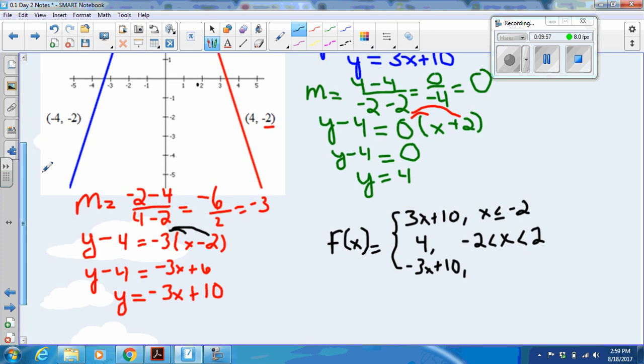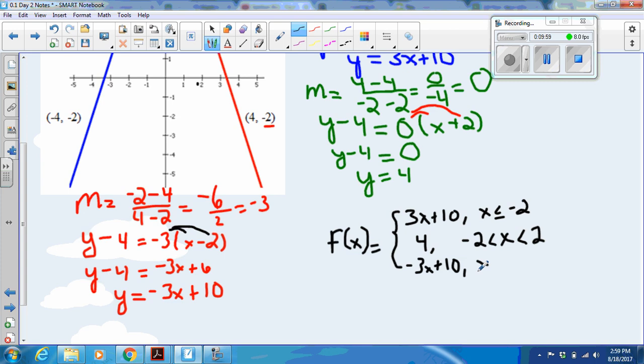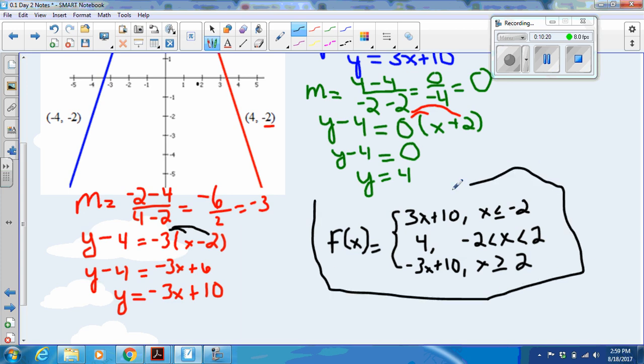That means our x values are greater than, and now we do equal to, okay, because the last time we did do equal to, x is greater than or equal to, now we say 2, because we want all values bigger than that. So after that, this would be your answer. And there you go.